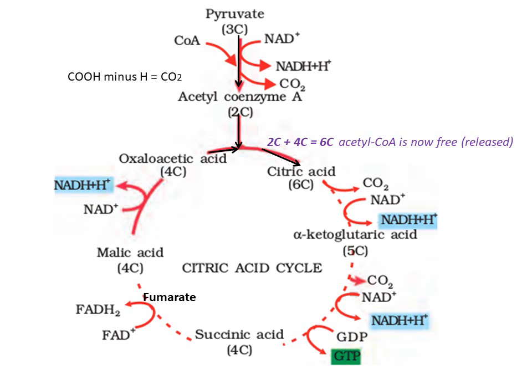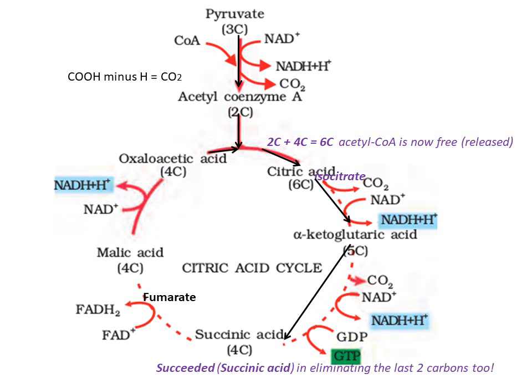Citric acid now loses one molecule of carbon dioxide, losing another carbon, with subsequent formation of NADH, turning into alpha-ketoglutaric acid, a 5-carbon molecule. Alpha-ketoglutaric acid further loses one carbon as carbon dioxide and removes H atoms, giving them to NAD, forming more NADH, as GTP is also formed, resulting in succinic acid. So you can remember that succinic acid succeeded in eliminating the last carbons from pyruvate.